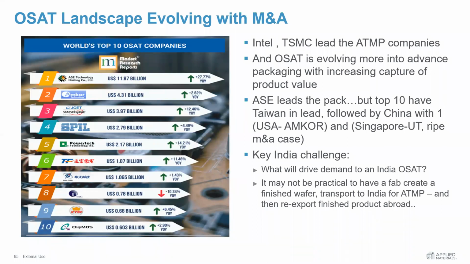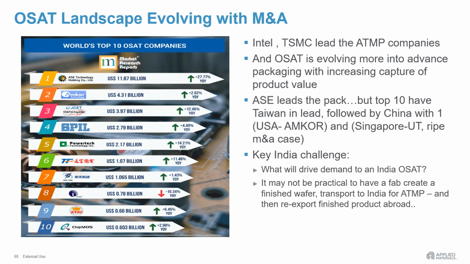But this is a very big industry, the OSAT. It is valued at close to about $28-29 billion right now, and is expected to become $40-50 billion in the next 5 years. This is a very specialized industry because they are not doing the conventional wire bond.